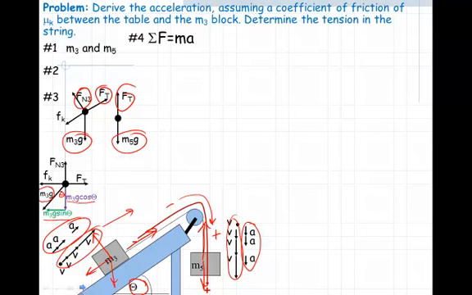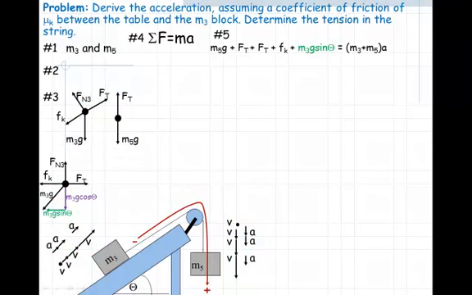Then we write out Newton's second law, the sum of the forces equals the mass times acceleration. Step 5 is to plug in all of our forces from our force diagram along the line of action. So let's look at all of our forces along that line of action. We've got M5G, pulling down in that direction. We've got the force of tension on M5 pulling upward.